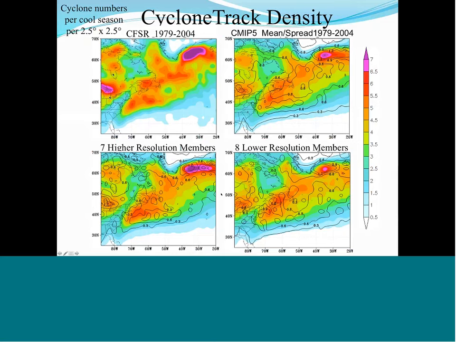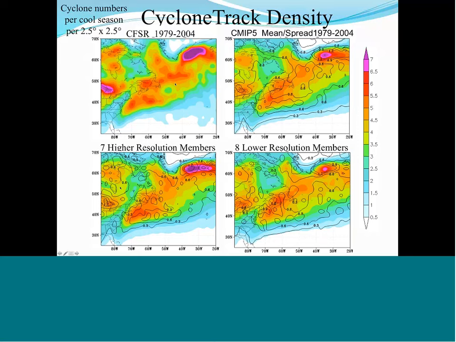On the upper right, we have the mean and spread of all 15 CMIP-5 members that we used in the study, and you can see it realistically predicts this historical storm track along the East Coast and Great Lakes and so forth, although in a mean sense, the amplitude is somewhat less than what we're seeing in the CFSR. What we did is separate these models into the 7 higher resolution members, shown in bold on the table, and the lower resolution members, which illustrates some of the benefits of high resolution.